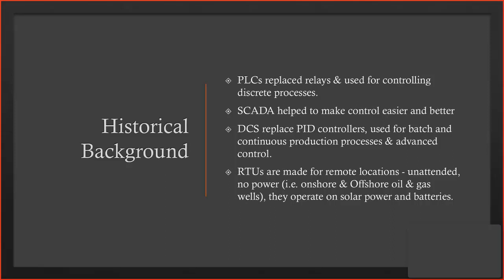So there is power shortage. Examples are onshore and offshore oil and gas wells, and power distribution areas, where you distribute power through assemblies and cables. They are always remote areas.